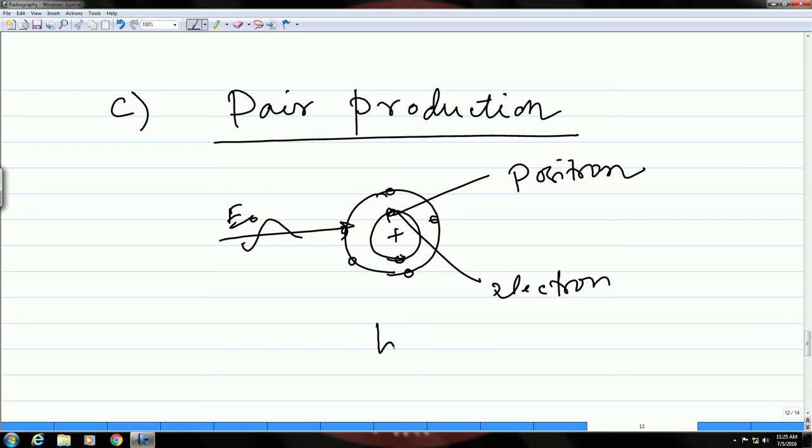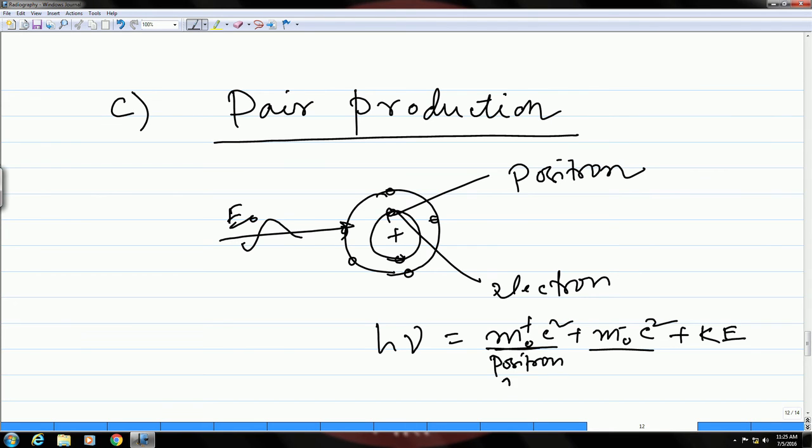Okay, and if you see the energy balance for this, the energy of the photon is absorbed to create these masses for the positron and the electron.